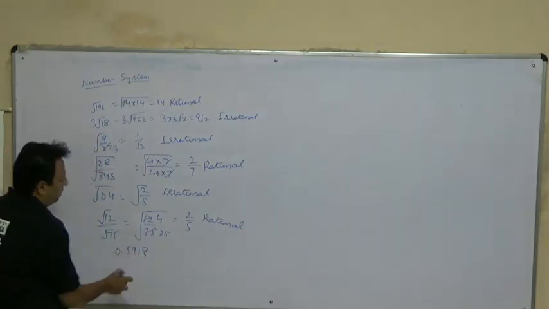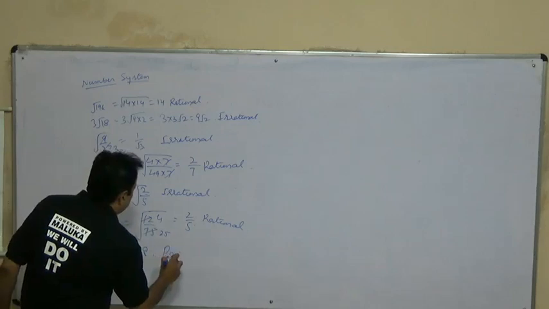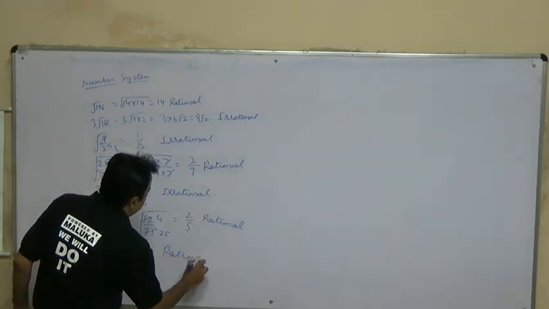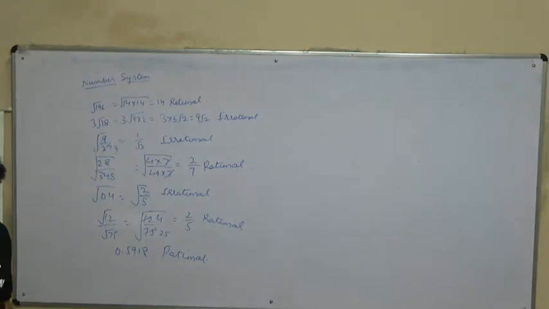Then .5918, obviously this is a terminating decimal, so this will be a rational number. So you can see that by simply the definitions of rational and irrational, we can classify them very easily. 2-3 more parts are there.